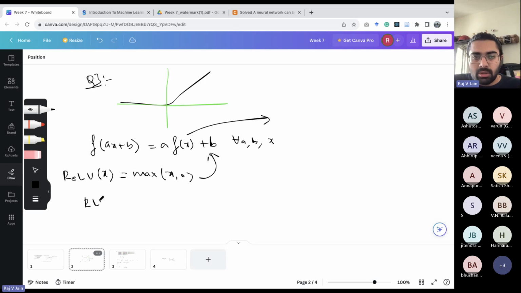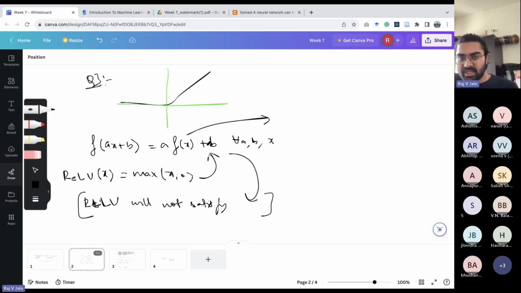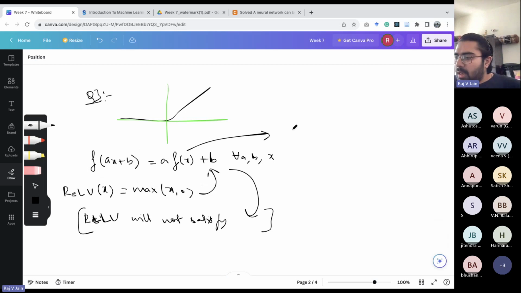ReLU will not satisfy this condition. So try to construct an example where this equation fails for ReLU. Then you can be completely sure that it's not a linear function. All right.